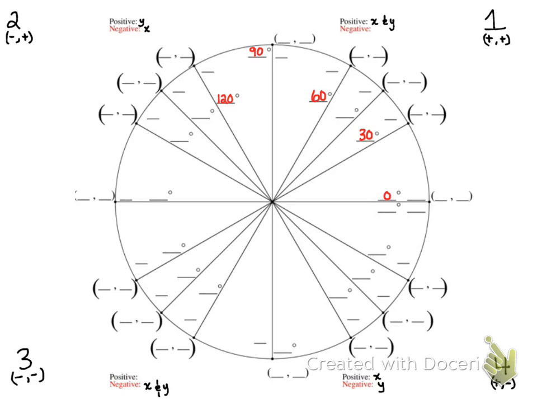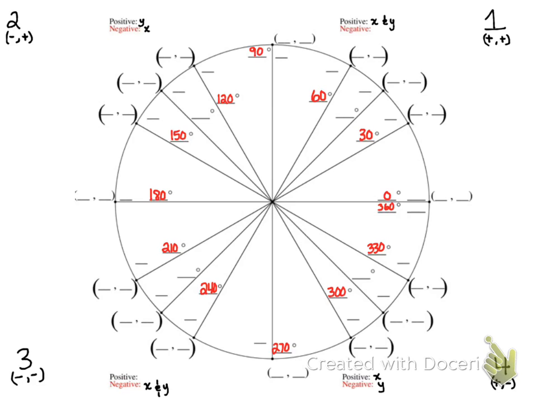Another 30 is going to be 150. And then another 30, and we know that all the way over here is 180, halfway across. So finishing this, we're going to have 210, 240, 270, 300, 330, and then underneath the 0, we're also going to say 360 for all the way around.